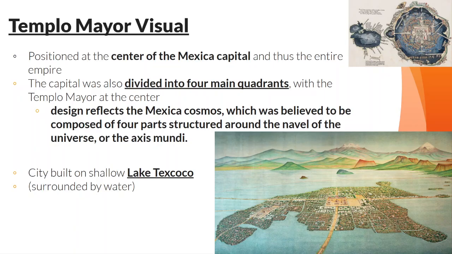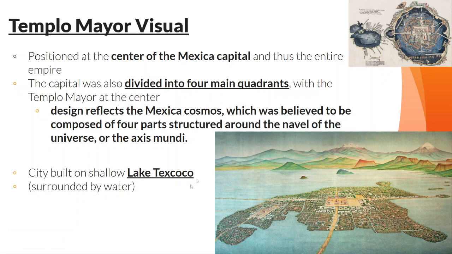So the idea in the Mexica culture is that you have these 4 parts that come together around our axis mundi, axis mundi being that central point. Just like Buddhism, Hinduism, those kind of religions having a key point that is the center of the universe.